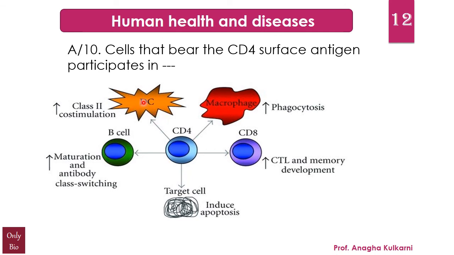It also stimulates the DC cells. Now DC is nothing but the dendritic cells, which also form a very important part of the immune system. It also stimulates the macrophages, which bring about phagocytosis, that is they engulf the invading pathogen. And it may also stimulate the CD8 killer cells, which also are indirectly linked with the production of the memory cells.